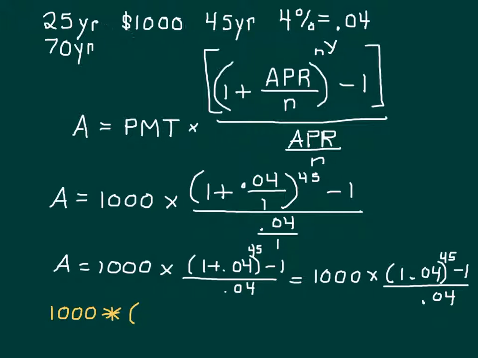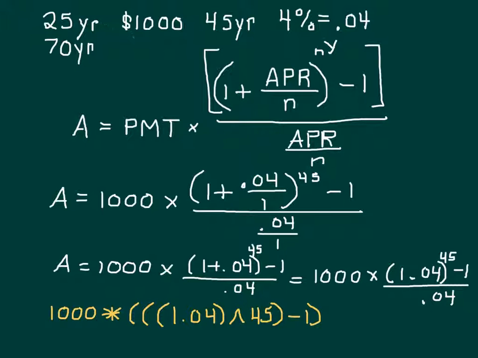So we do that, there's the first parenthesis, and now the numerator is going to be, I have to do 3 parentheses, 1.04 close parenthesis raised to the 45, and we close that parenthesis. So what we have from this parenthesis to here is this expression right here. It's 1.04 raised to the 45. Then we subtract 1, and we close that.